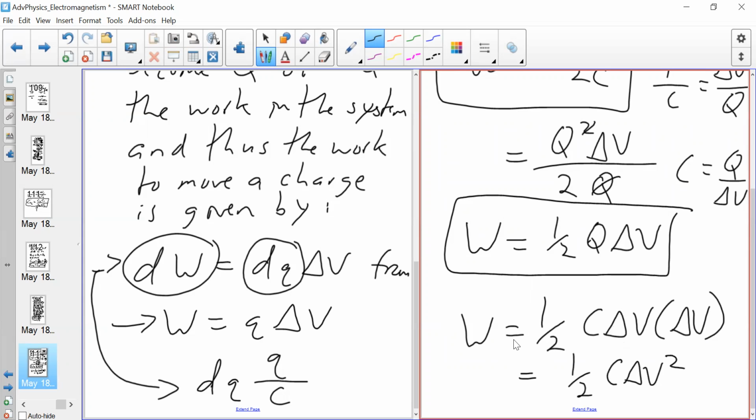We can call it work to bring it up, and that's the amount of energy that's in between those plates, the change in potential energy, because work is equal to delta U.